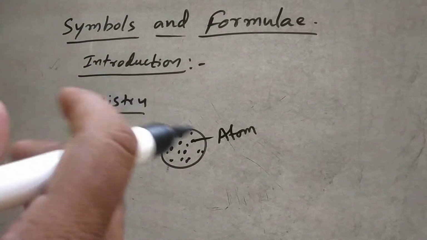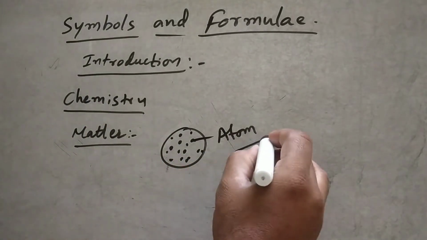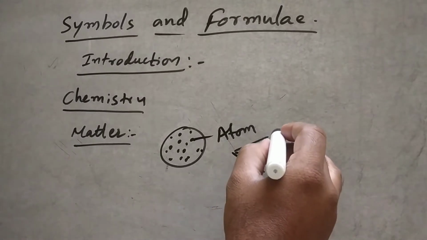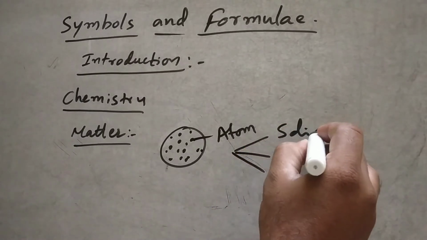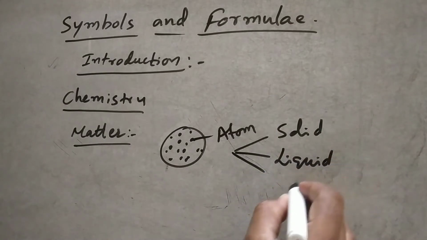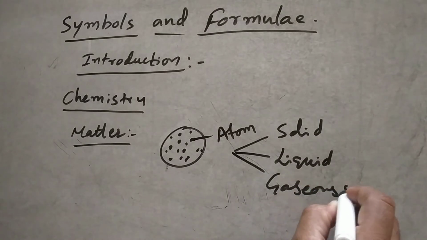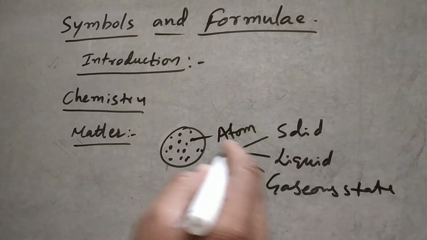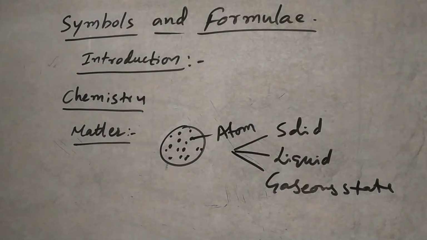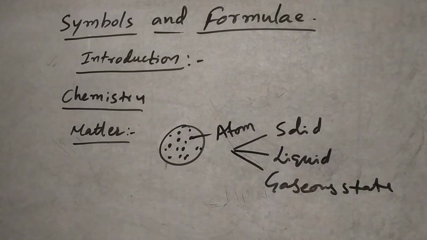Anyway, matter is classified into 3 types: solid, liquid and gaseous state.